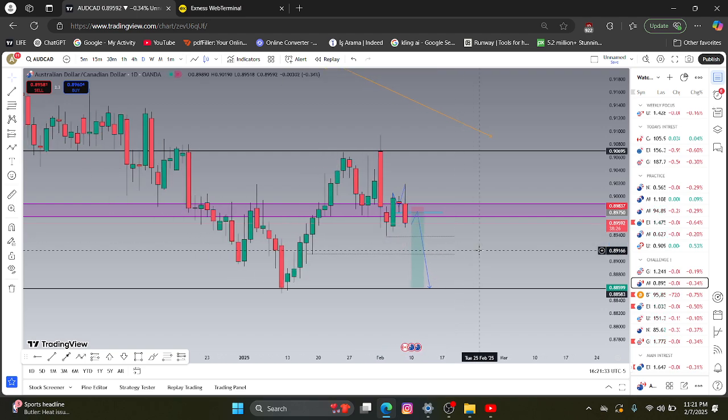So for the first trade, I'm aiming for at least $100, $200 max, in that range of 110 to 150. Then we'll take nice trades from there.